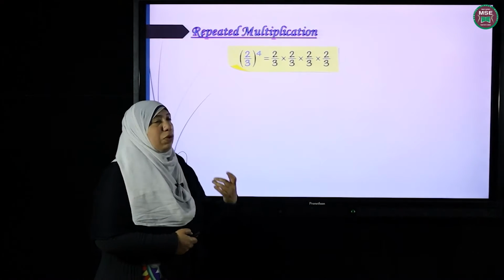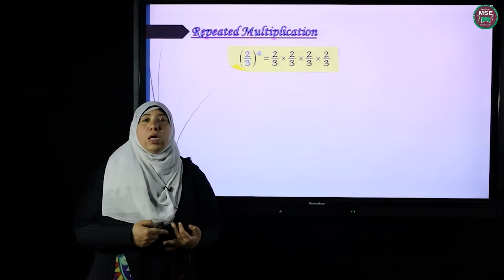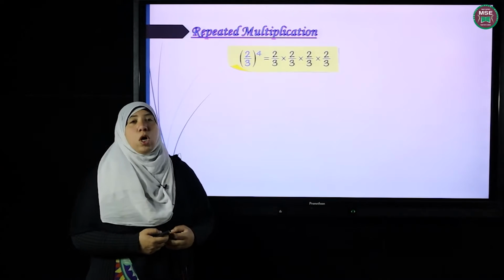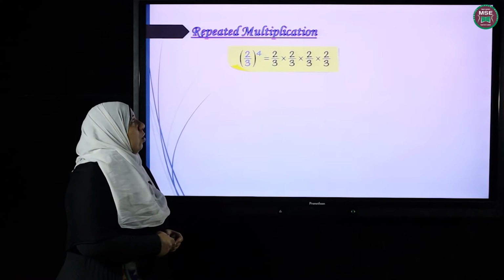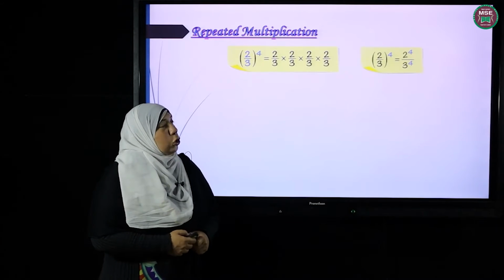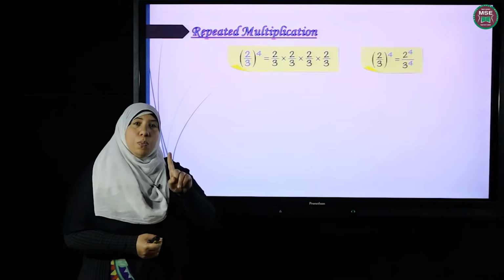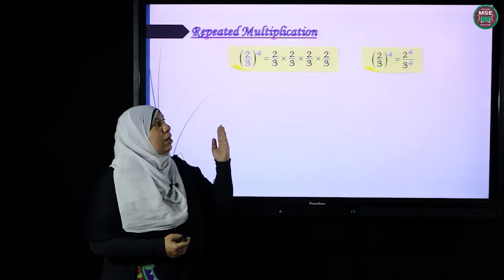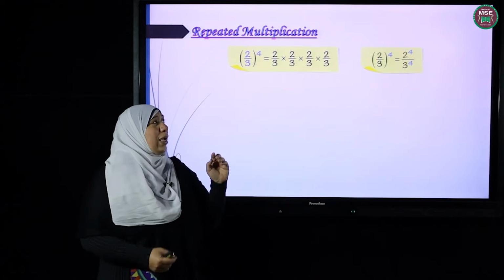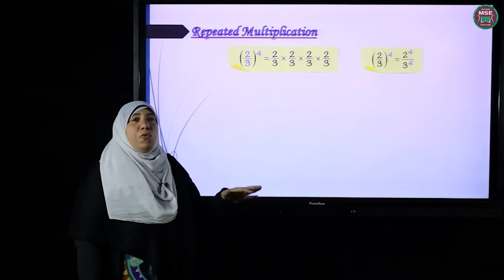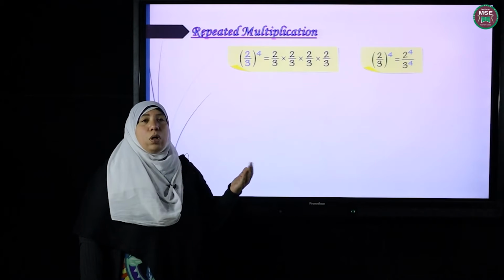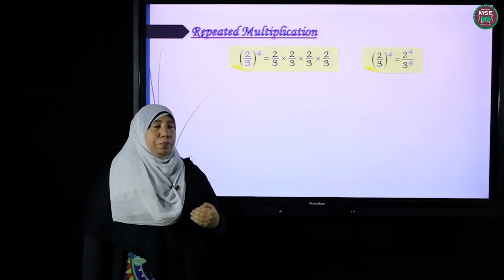So I can write 2 over 3 power 4, or 2 over 3 times 2 over 3 times 2 over 3 times 2 over 3. 2 over 3 is a rational number, or we can deal with it as a numerator and denominator. So I can distribute the power over the rational number. So I can write it 2 power 4 over 3 power 4.